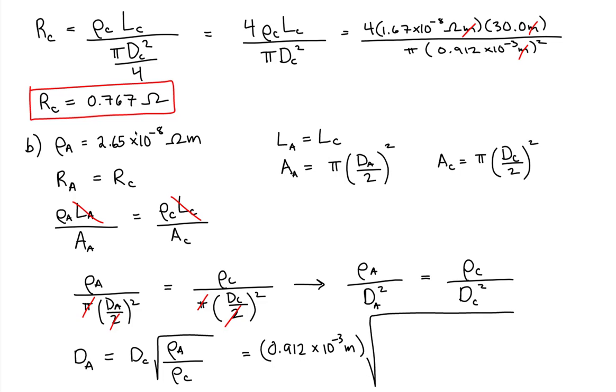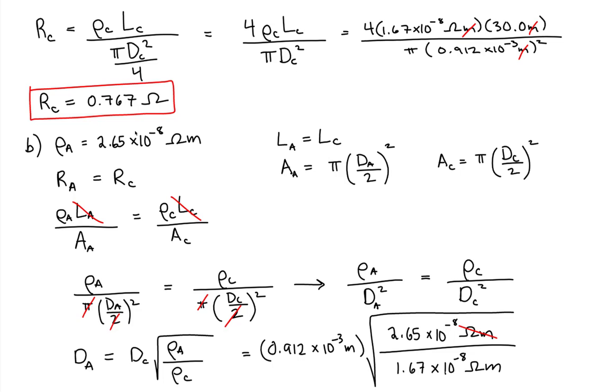And this is times the square root of the ratio of the resistivity of the aluminum wire, which is 2.65 times 10 to the minus 8 ohm meters, over the resistivity of the copper wire, which is 1.67 times 10 to the minus 8 ohm meters.